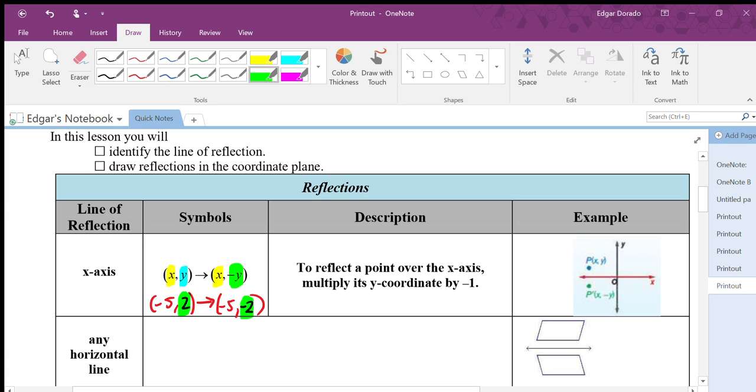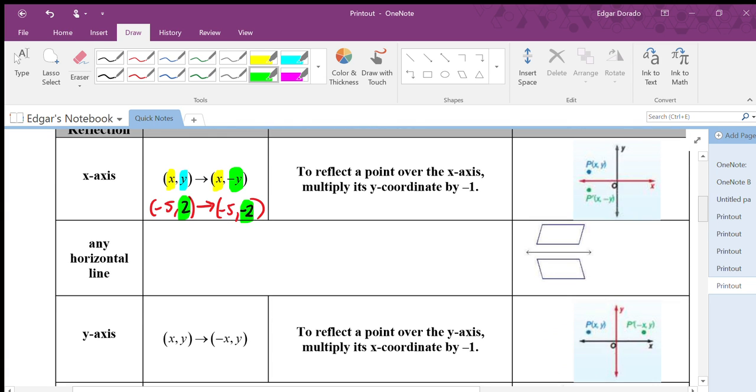Now that was a very specific type of line. It was a horizontal line that goes right through the x-axis. But what happens if we just have any horizontal line, not necessarily the x-axis?